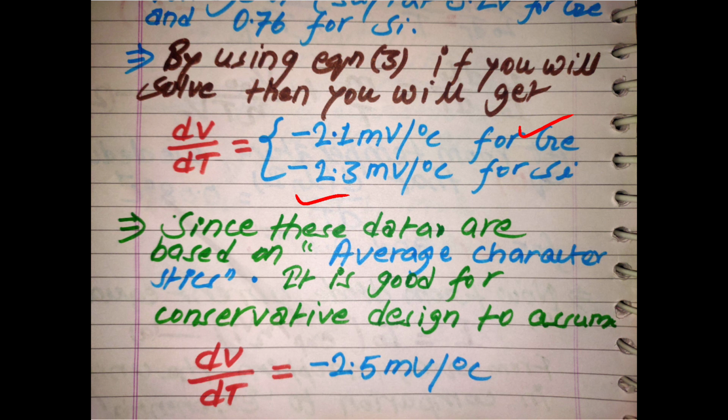If we assume the value as 2.5 millivolt for conservative design for both germanium and silicon, then it will be better. So we can say that the voltage decreases by 2.5 millivolt per degree centigrade rise in temperature. This is our conclusion for the voltage change with temperature.